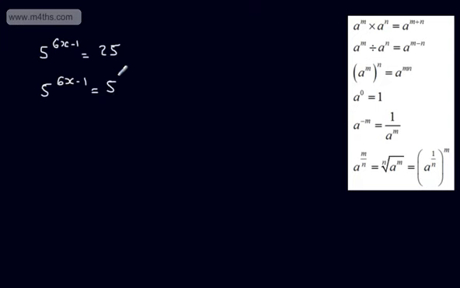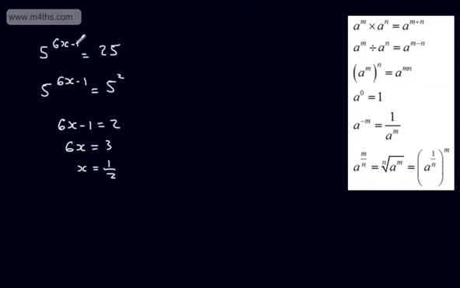So we can see that the bases are the same. 25 is 5 squared. If the bases are the same, the exponents are the same. So we've got 6x minus 1 will be equal to 2. 6x will be equal to, adding 1 to both sides, 3. And then dividing both sides by 6, x would be 1/2.